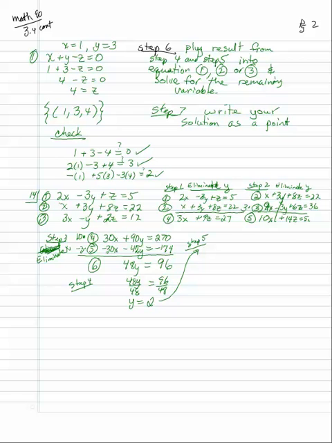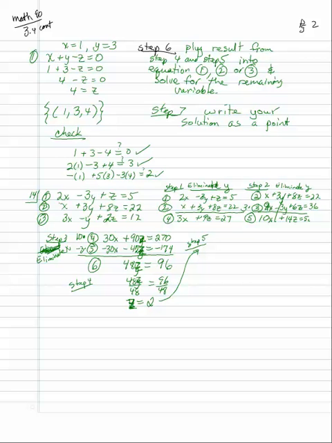I'm sorry, I messed up. These are not y's, they're z's. I was having trouble there. It's like, where's the y? So it's not y equals 2, it's z equals 2. Oops. So that would help.